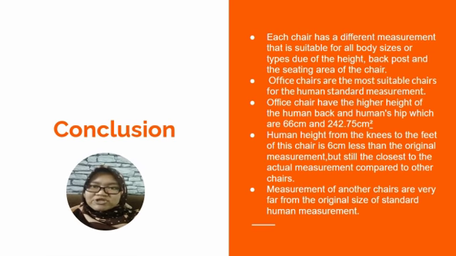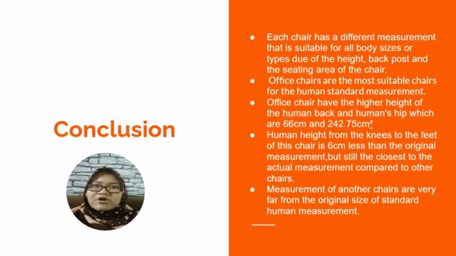According to standard human measurement, the human back height is 60 cm, the human length from knees to toes is 50 cm, the human hip to knee length is 43 cm, and the human hip width is 45 cm.